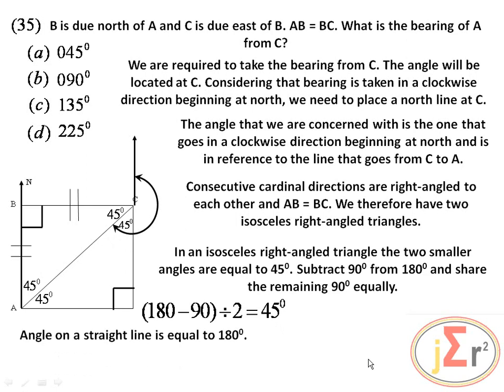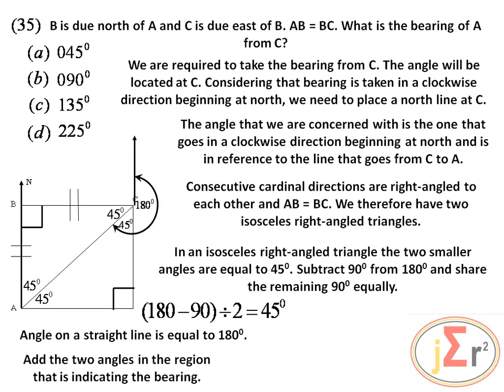Angles on a straight line is equal to 180 degrees. Remembering, of course, that we are trying to determine this angle that goes in a clockwise direction to that line. Right, so angle on a straight line is 180 degrees. Add the two angles in the region that is indicating the bearing.